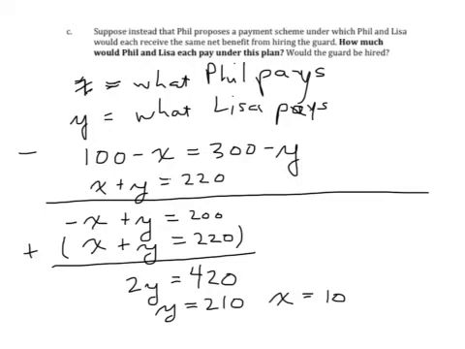Now, how much would they pay? Will the guard get hired? In this case, we know that Lisa's benefit is more than the 210 that she has to pay, so she'd vote yes in this strictly rational view. Phil's benefit is 100, he pays 10, he would vote yes, and that's the end of the story in the rational model.